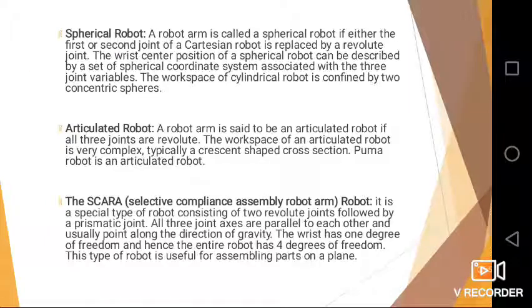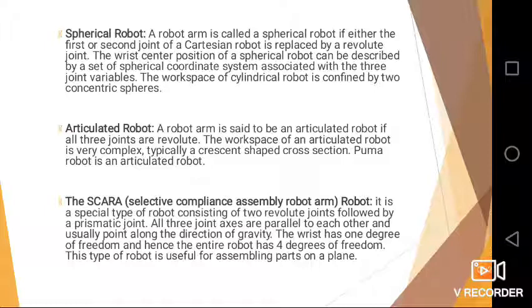Spherical robot. A robot arm is called a spherical robot if either the first or second joint of a Cartesian robot is replaced by a revolute joint. The wrist center position of a spherical robot can be described by a spherical coordinate system associated with the three joint variables. The workspace of a spherical robot is confined by two concentric spheres.